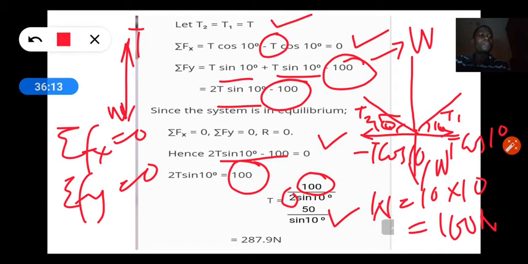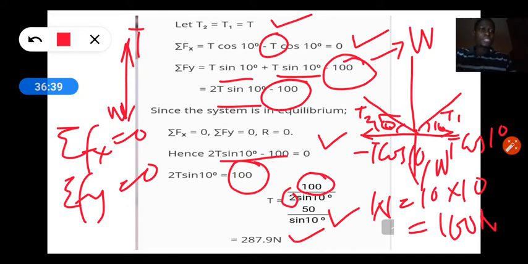Punch your calculator and I'm going to have 287.9 newtons. I've gotten the tension force, one of the tension forces, as the question required: calculate the tension in one of the two wires. So I've done justice to the question. I believe it was clear.